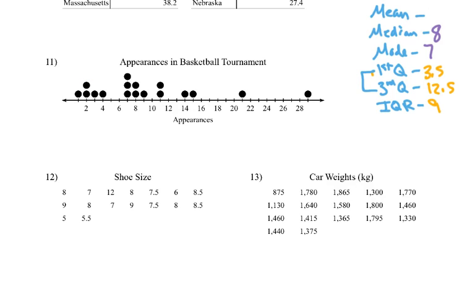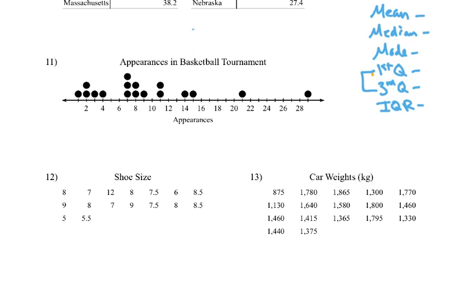We add them all up and we get 159, divided by 17. And we get about 9.35, which if we round would be 9.4 or 9.35. Okay, either one of those works.